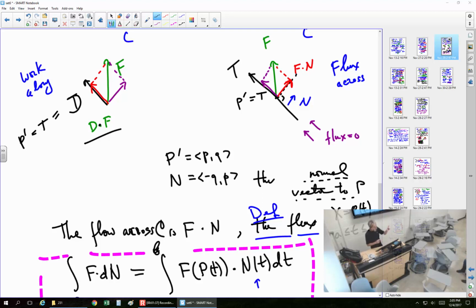That edge we're crossing is not to be thrown out. The wider that piece of the curve is, the more flow crosses it, regardless of the direction. Which means that the length of the tangent t will still appear.